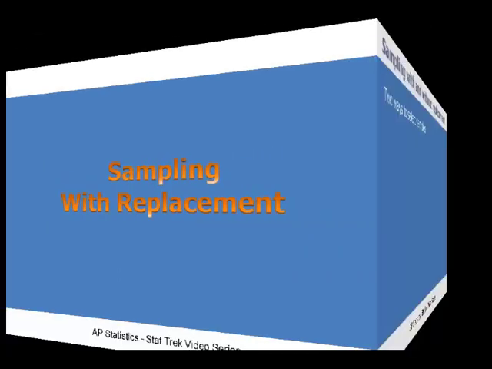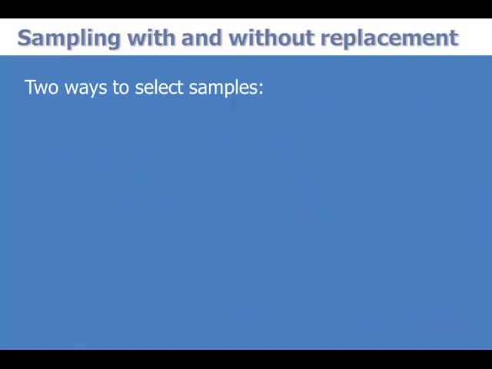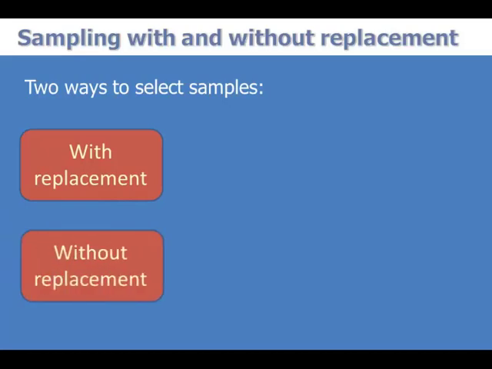And finally, there are 2 twists on sampling that we need to describe: sampling with replacement and sampling without replacement. Broadly speaking, there are 2 ways to select samples: with replacement and without replacement.